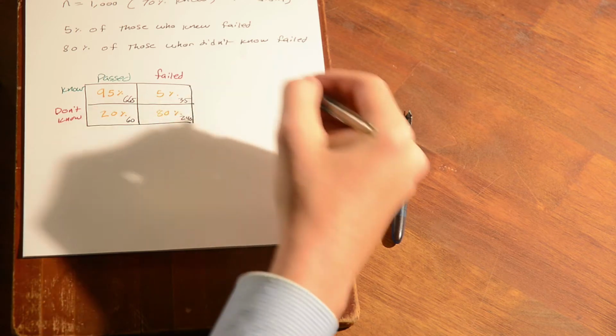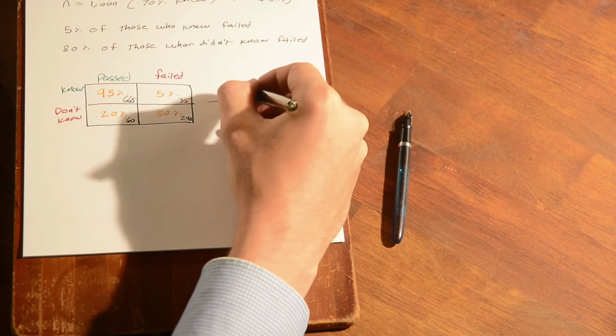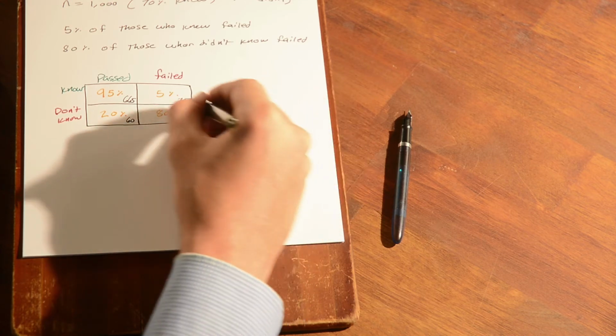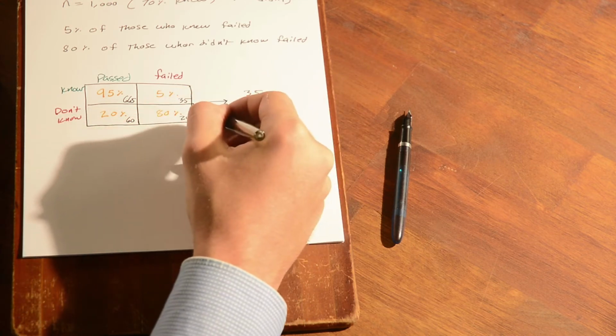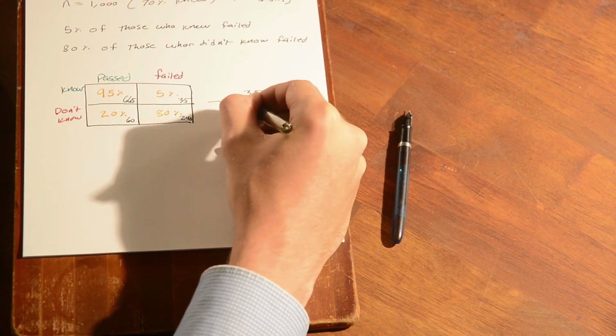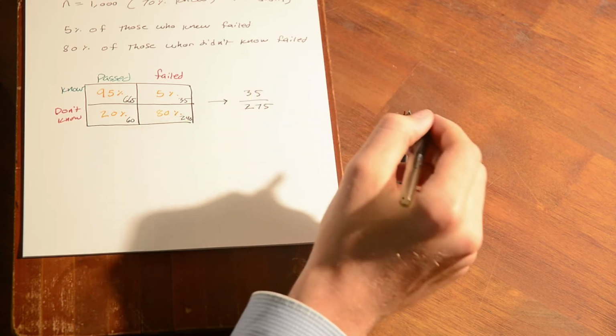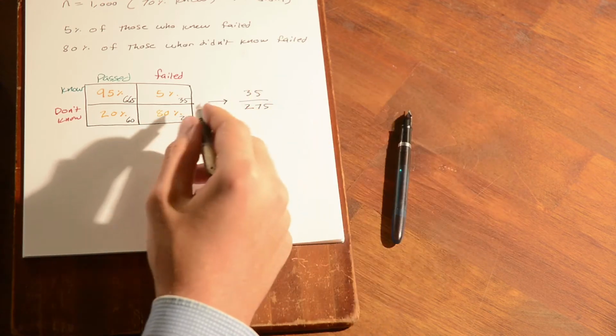And if we wanted to get that information, we would just take this and say we have 35, our part of those who know, out of a total of 275. Just pretend it's a fraction. We'll divide it that way.